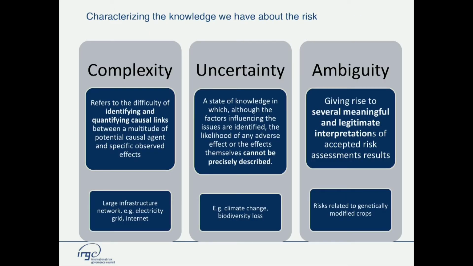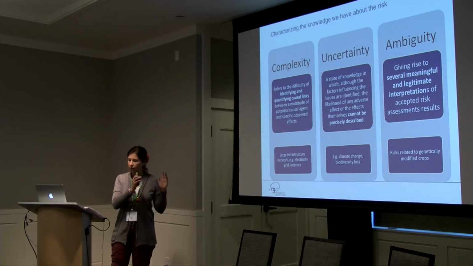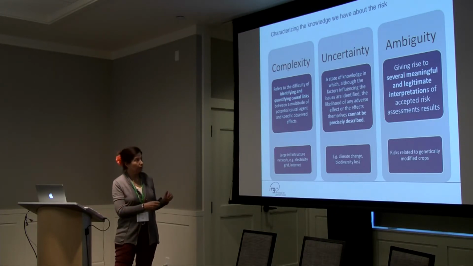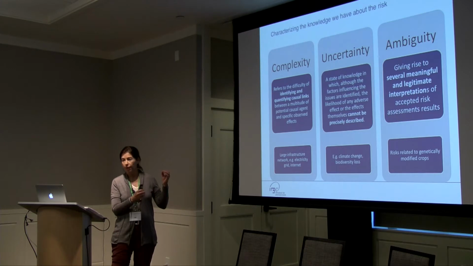Next, in IRGC, Ortwin Renn worked with us, and he proposed that instead of talking of human-made risk, technological risk, and risks of natural origin, we focus on the type of knowledge we have about the risk.